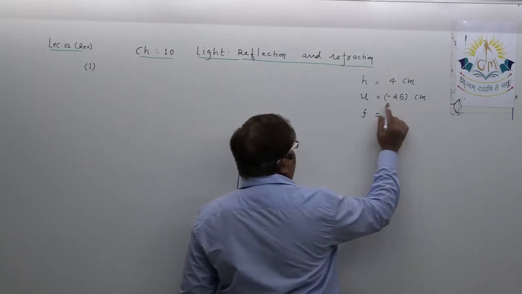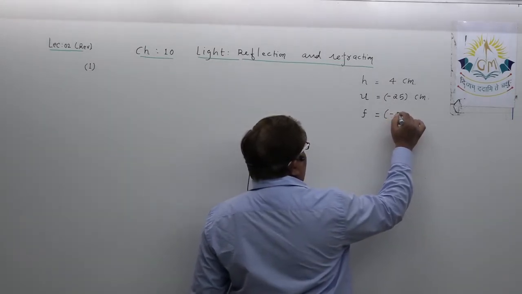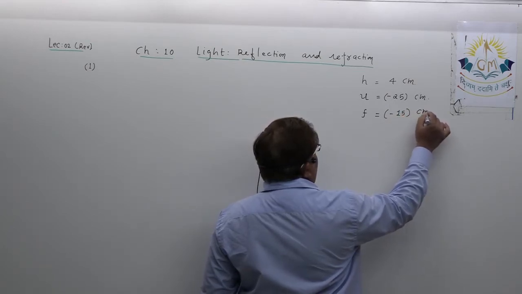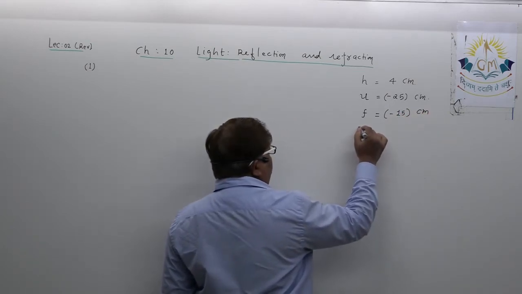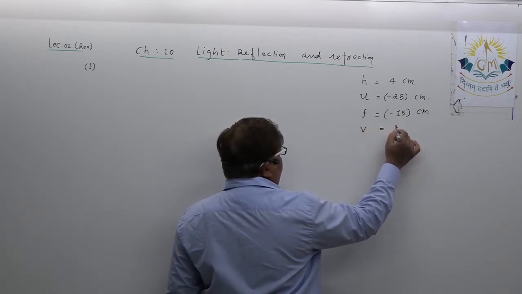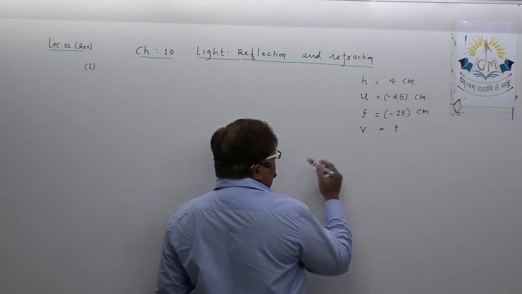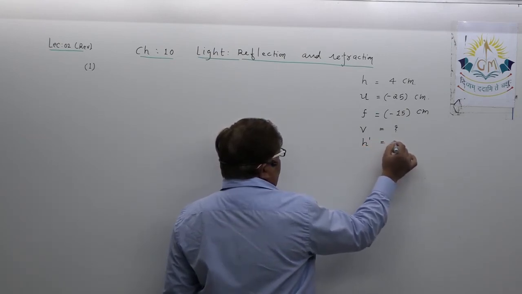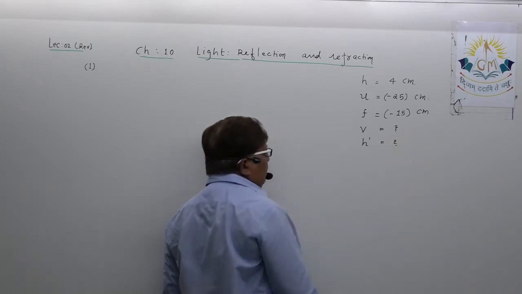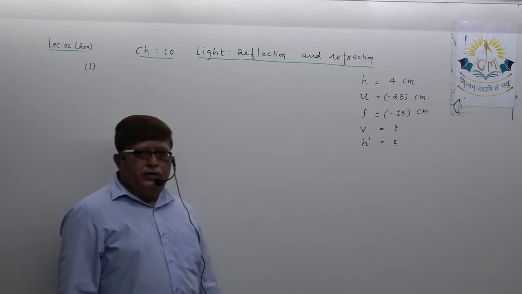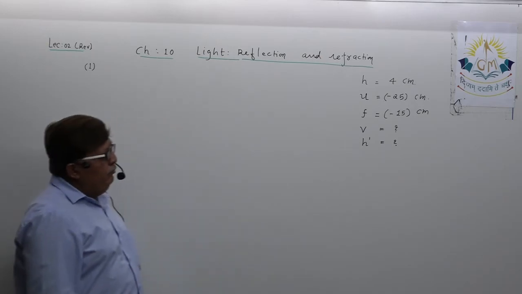So here, minus 15 centimeter. Now what are you looking for? You are looking for the image distance as well as the image height, because you have to find the nature and size of the image also.